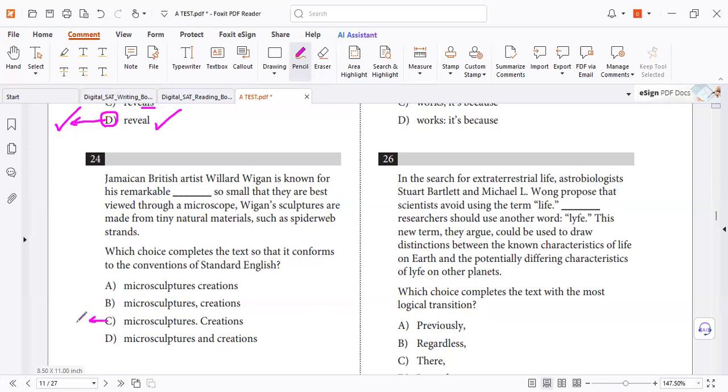Letter C. Follow the rules. Follow the rules.